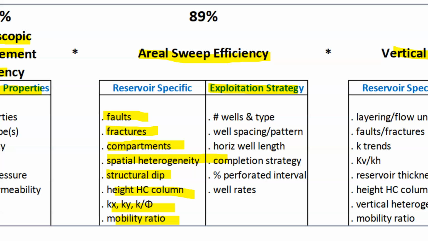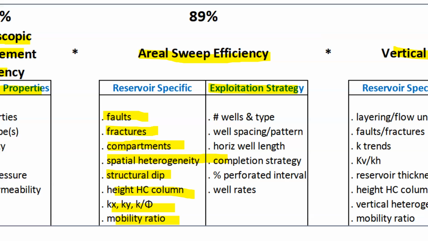And if you decide to make a horizontal well, the horizontal well length will also govern the areal sweep efficiency. And then completion strategy: where to put the completion, where to put the perforation, the thickness of the perforation, the intervals, something like that, okay?